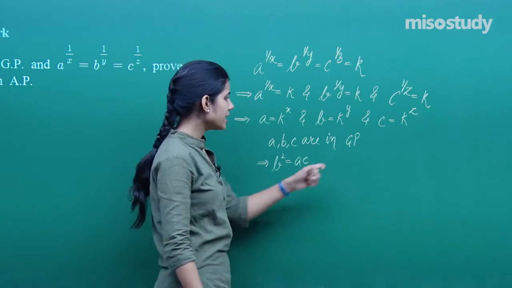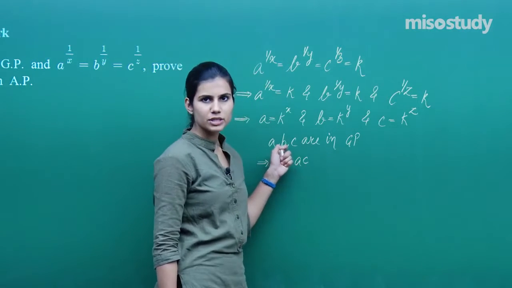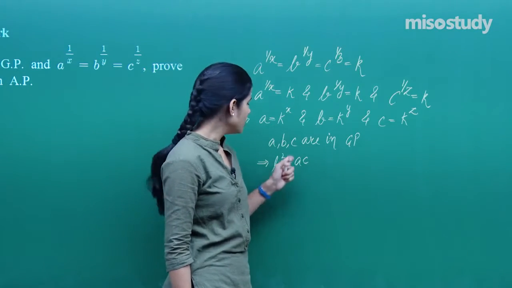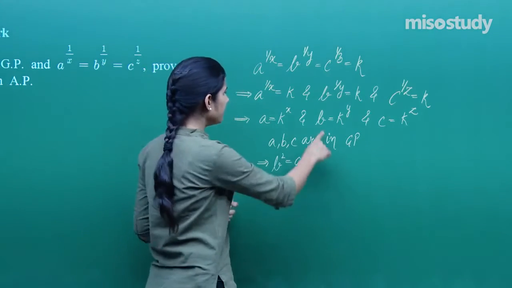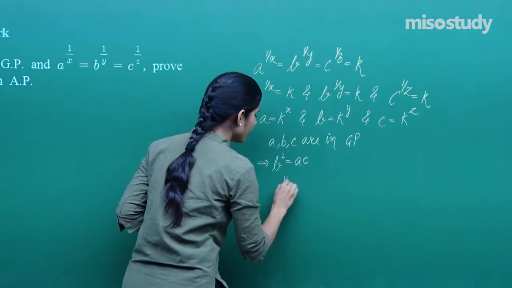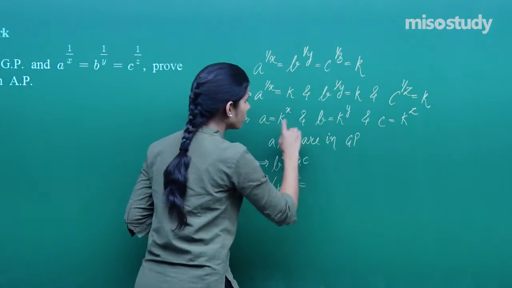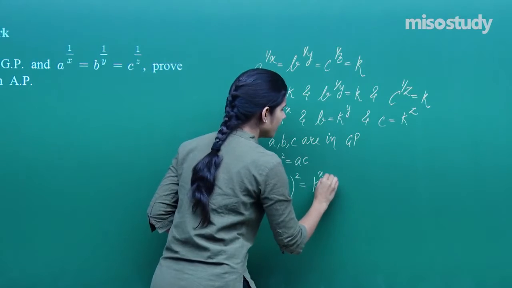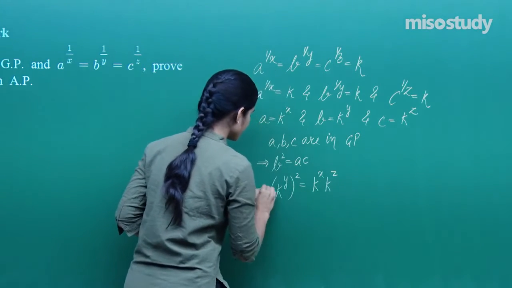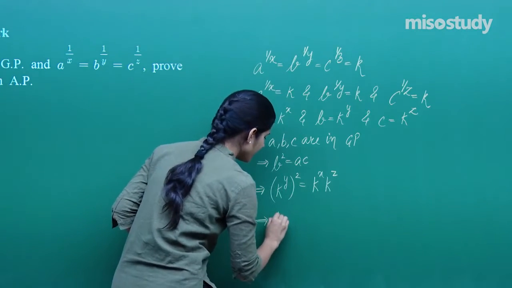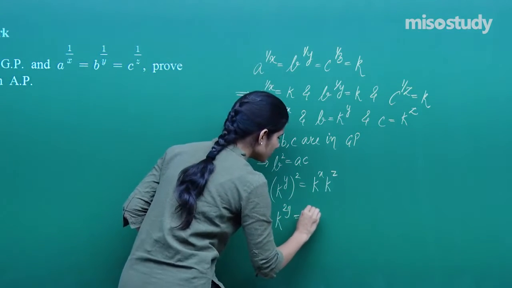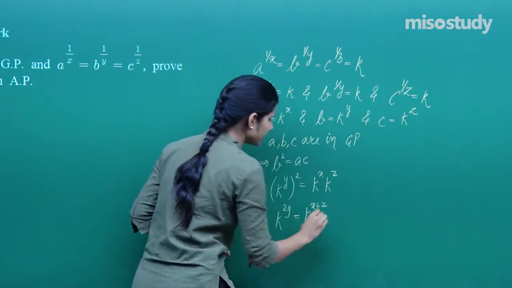If three quantities are in GP, that means square of the middle term is equal to product of the first and the third term. So b square equals AC. B square means k to the power y whole square equals a into c, that is k to the power x into k to the power z, which implies k to the power 2y equals k to the power x plus z.